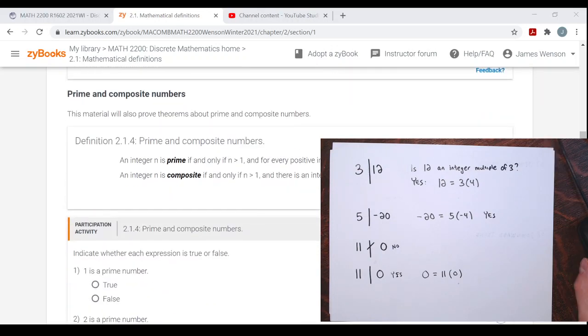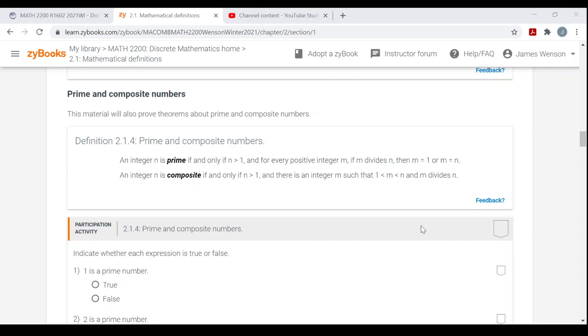All right, some other definitions. Again, you've probably heard these words before, but we're getting some formal definitions here that we're going to be using in some proof writing. So what does it mean for numbers to be prime and composite?